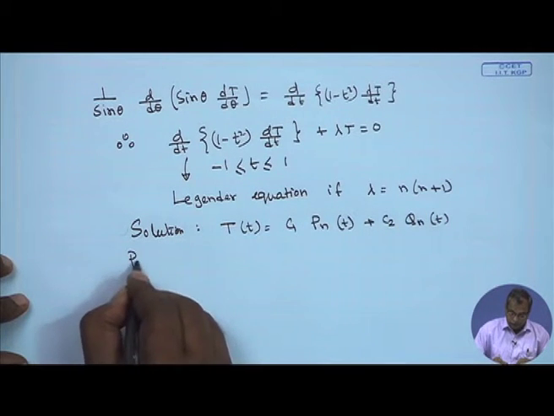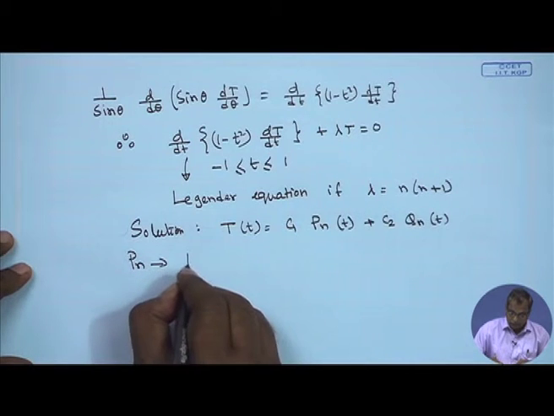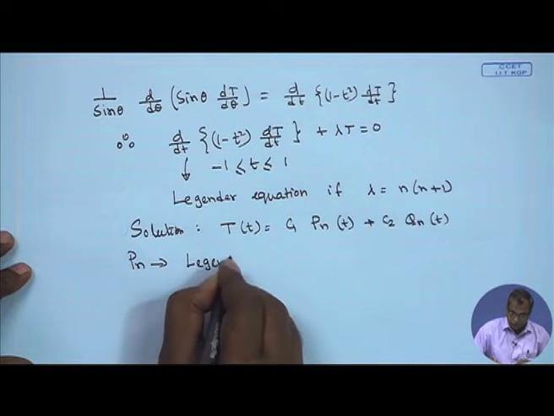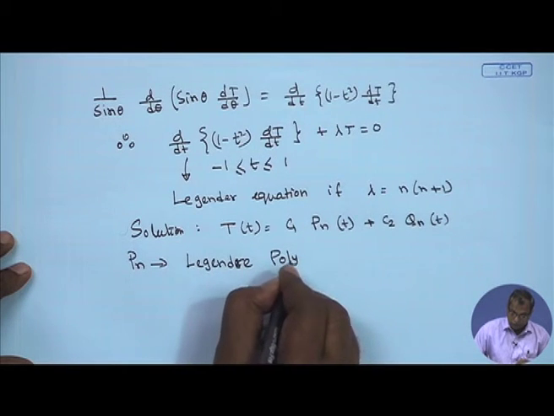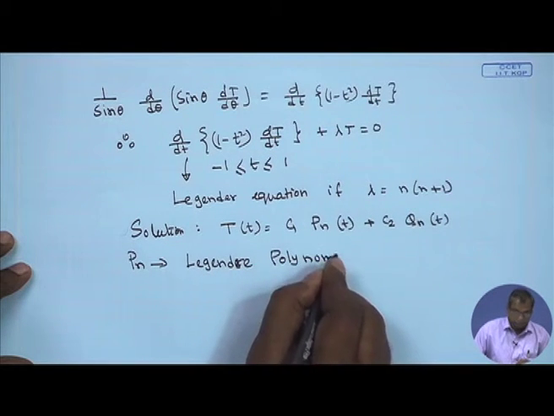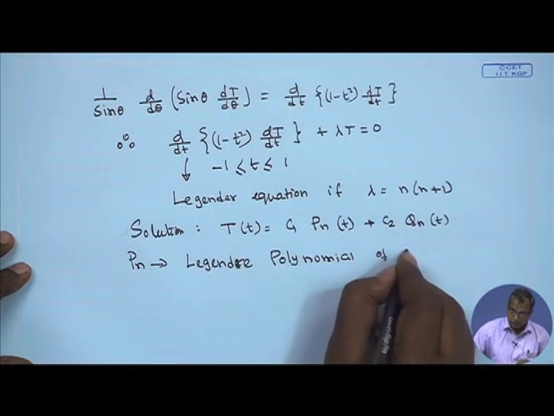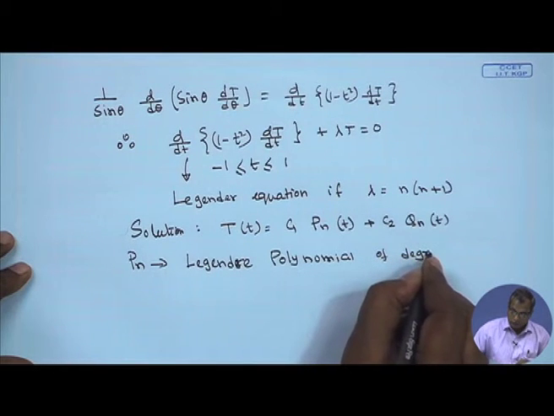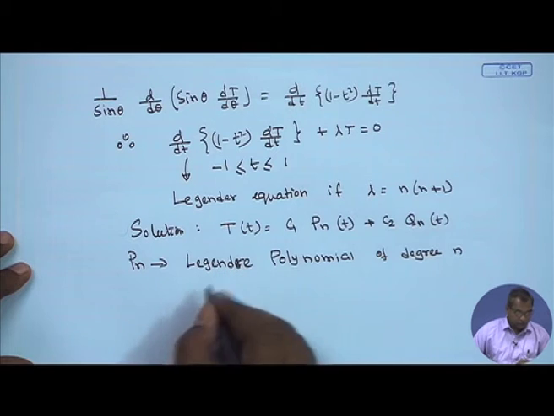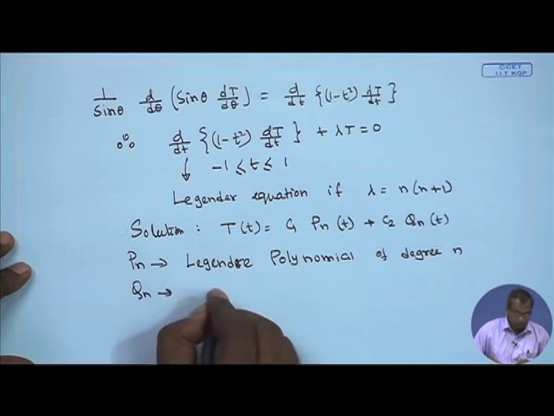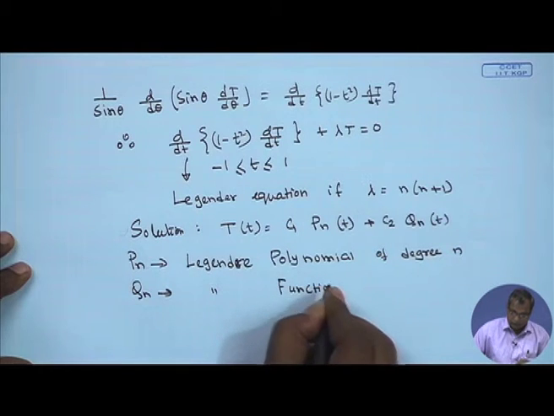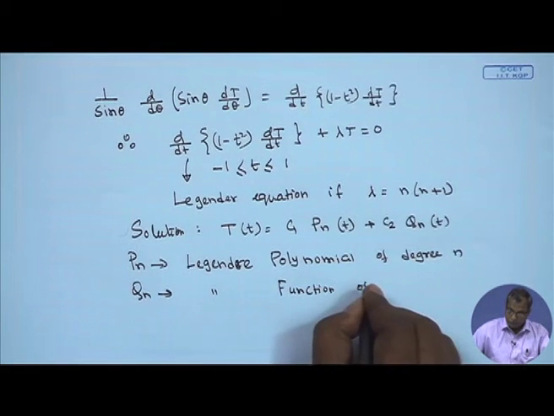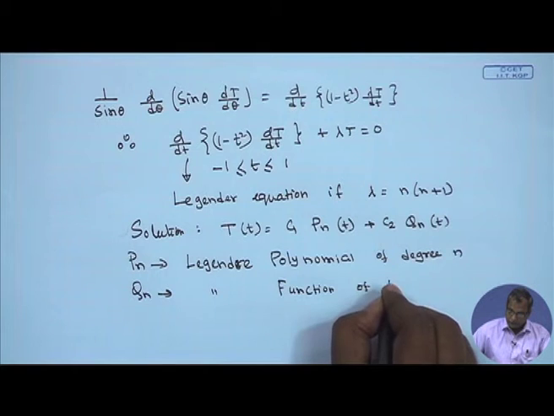So, Pn is nothing but the Legendre polynomial of degree n, and Qn is nothing but the Legendre function of degree n.